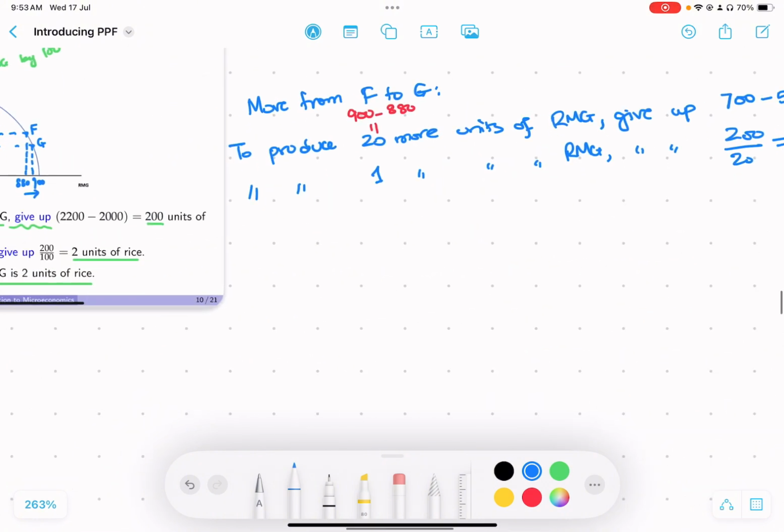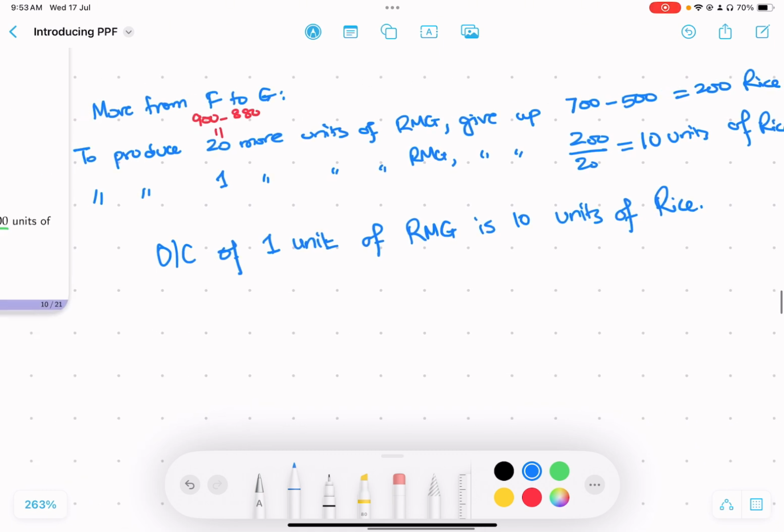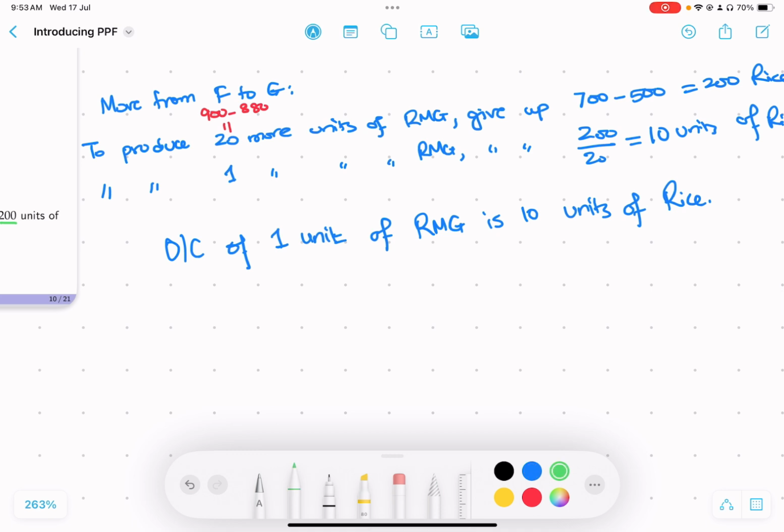তার মানে আমরা কি বলছি? We are saying that opportunity cost of 1 unit of RMG is 10 units of rice. Okay, so we are seeing that again. You see, I have done step 1, step 2, step 3, and this is what is going to give you full credit.